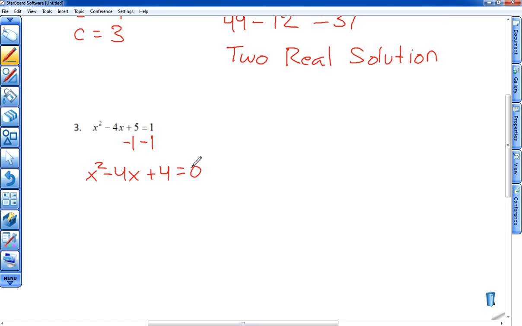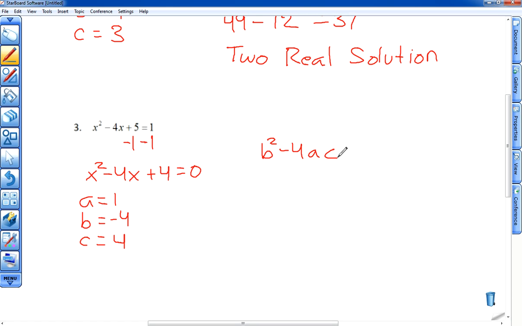So again, now that my equation is set equal to 0, I can calculate the discriminant. Our a value is equal to 1, our b value is equal to negative 4, and our c value is equal to positive 4.